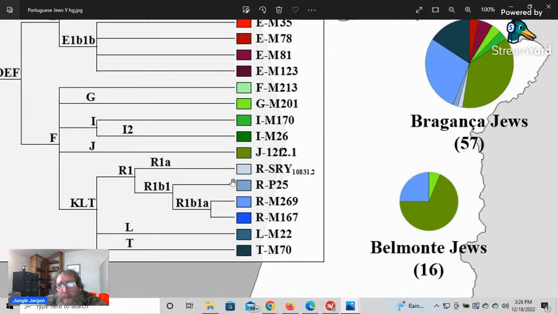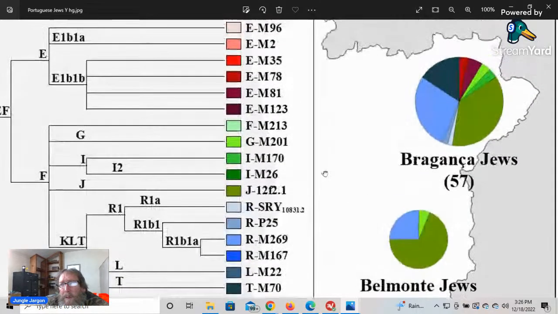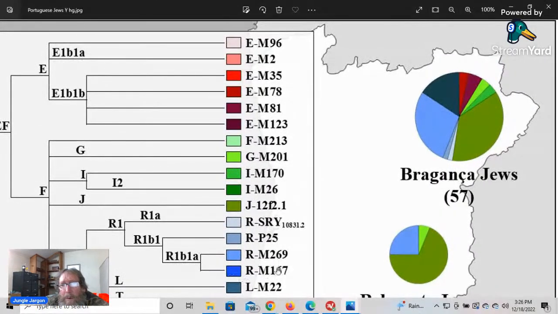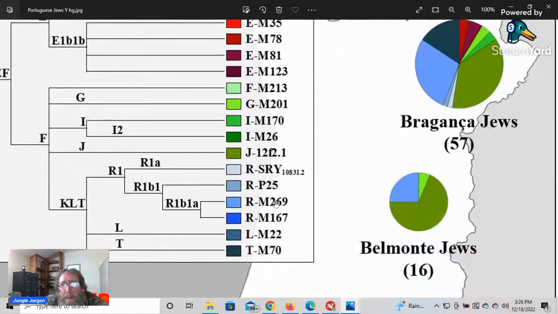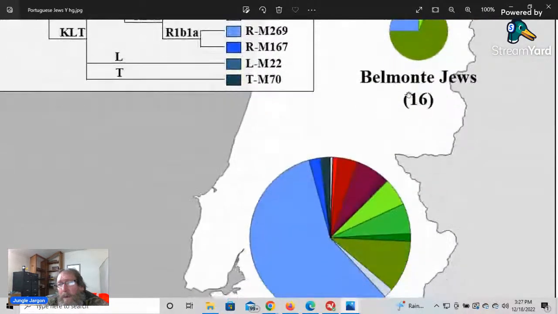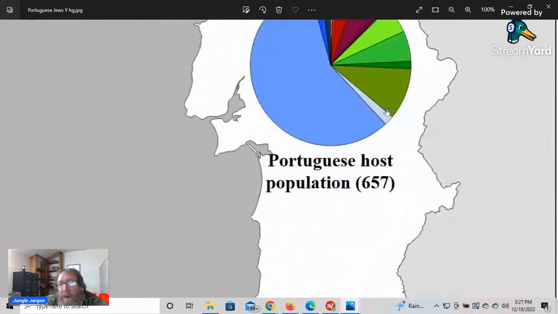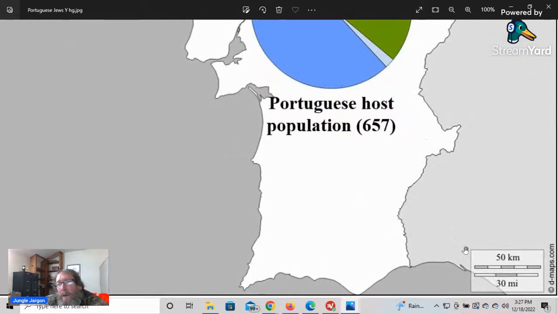R1a, of course, would be Ashkenaz. But the Bragança Jews is the only population with a T, the T haplogroup, because this is the area of the descendants of Tarshish, which is around here somewhere.